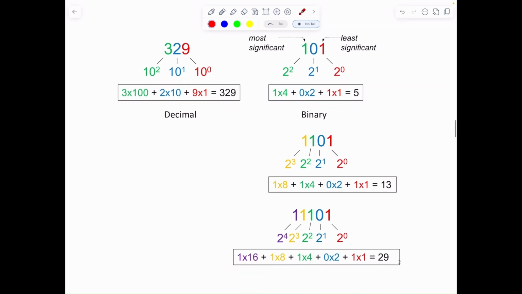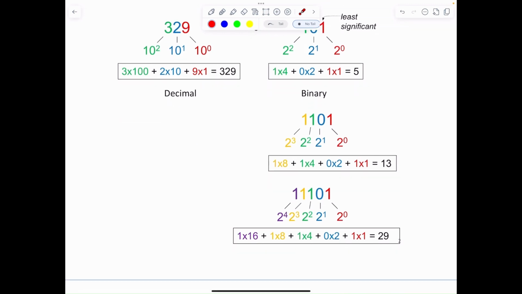Okay, similarly, we have a few more examples here. So here I have the least significant bit, 2 power 0, and then 0 of 2 power 1, and then 1 of 2 power 2, and then 1 of 2 power 3, right?